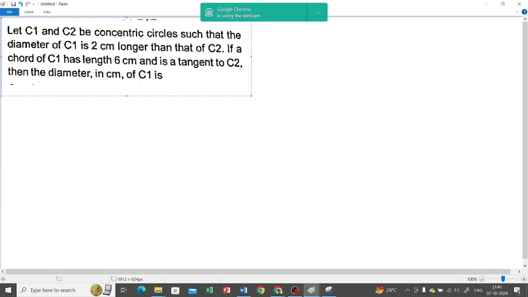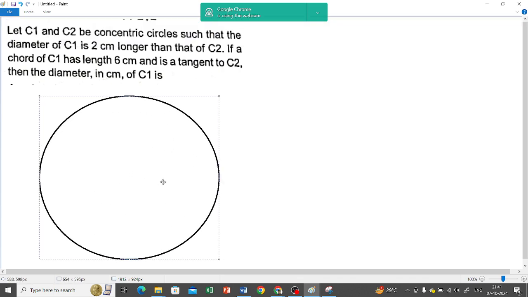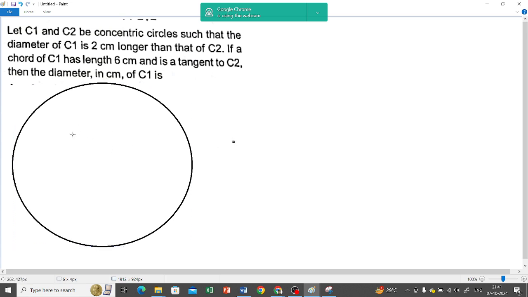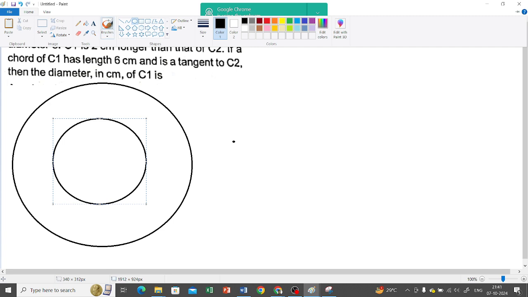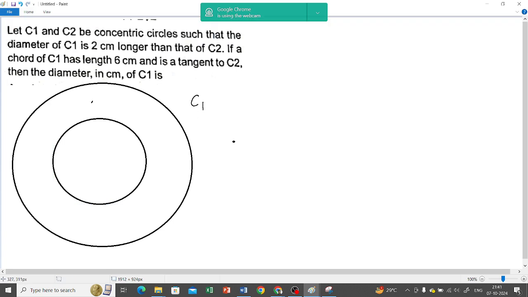Concentric means sharing the same center. Let C1 and C2 be concentric circles. This is extremely easy. Okay. Concentric circles C1, C2.